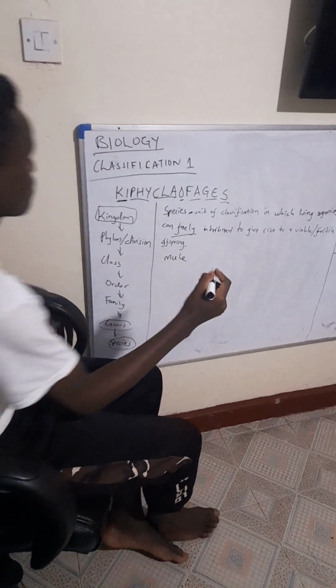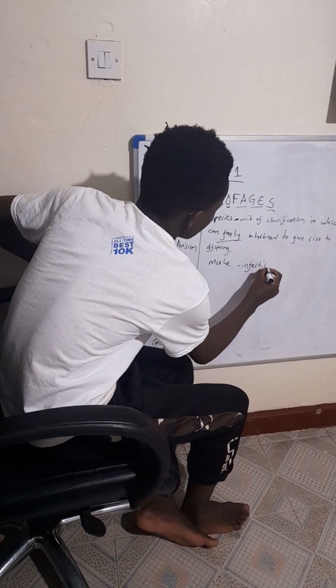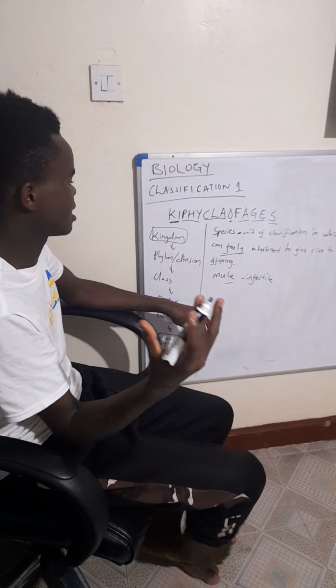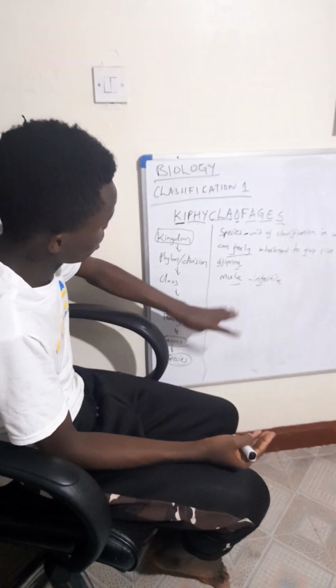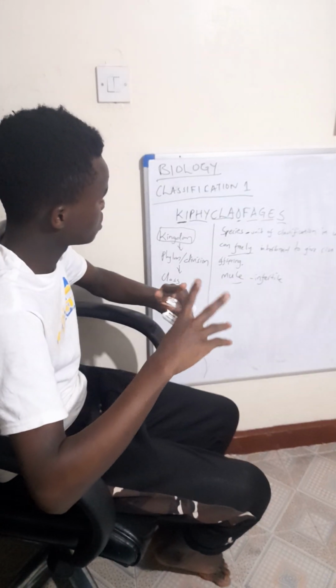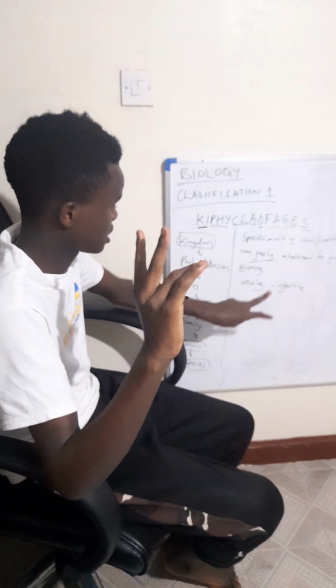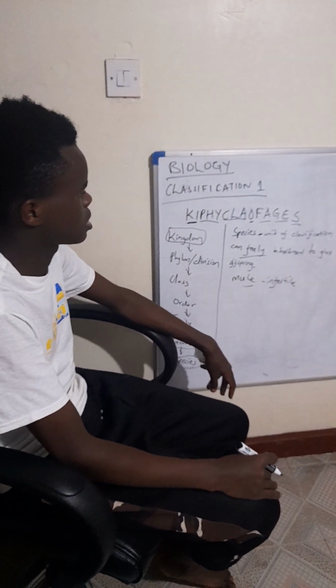A mule is infertile. It can no longer reproduce. It will just die later because it can't reproduce to continue the generation. Why? Because it was the result of interbreeding between two different species. That's the reason a mule is infertile. So that's basically about the species.